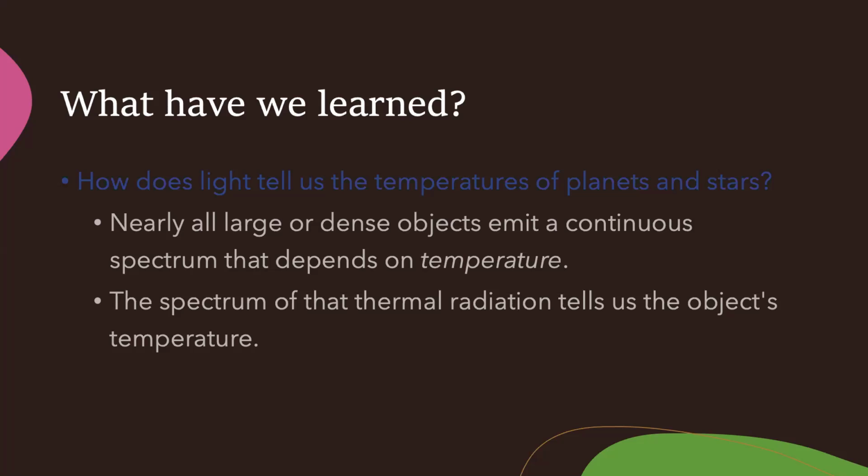And from its peak wavelength, we could figure out what its temperature has to be. Right, so different temperature objects have different peak wavelengths. Right? And so there's a way to correlate that.